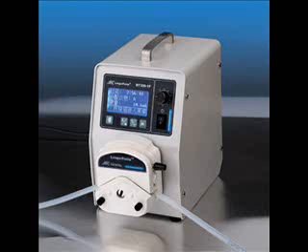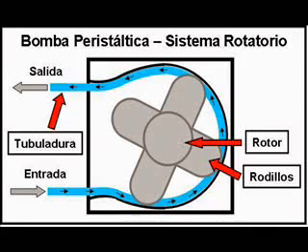A peristaltic pump is a type of positive displacement pump used for pumping a variety of fluids. The fluid is contained within a flexible tube fitted inside a circular pump casing. A rotor with a number of rollers, shoes, or lobes attached to the external circumference of the rotor compresses the flexible tube as the rotor turns.